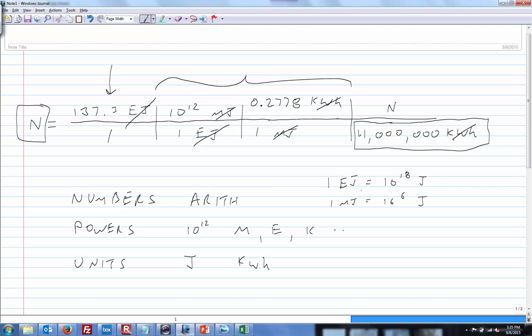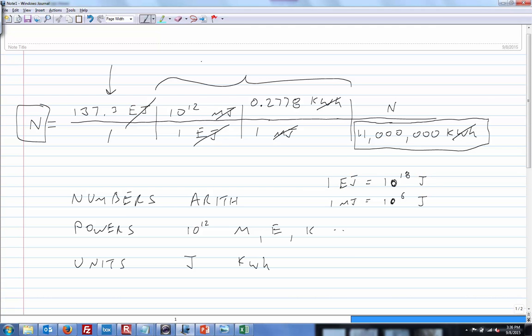Right there by your 10. Oh, this guy, I'm sorry, yeah, 10. No, below it. Yes, it does. It looks exactly like a 6, thanks. So from that, I know that I'm going to need 10 to the 12th megajoules to make 1 exajoule. So that's what this is, 10 to the 12th megajoules in 1 exajoule.